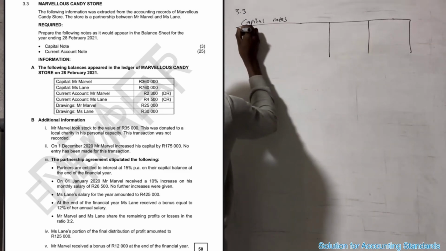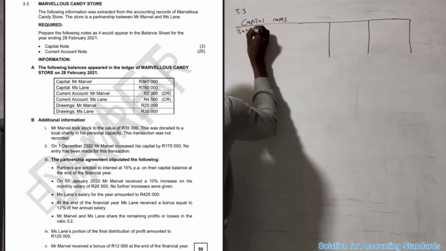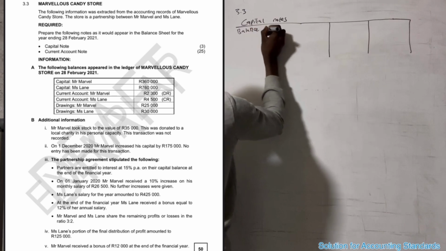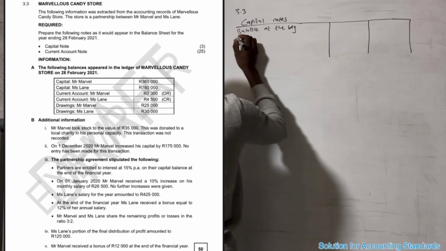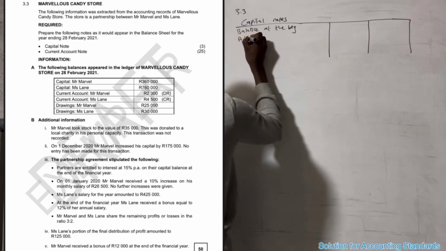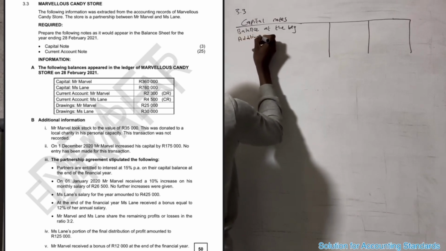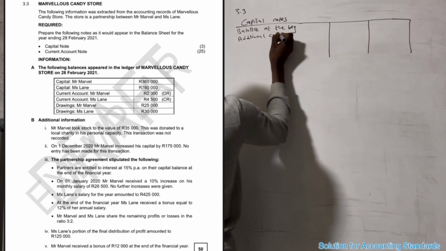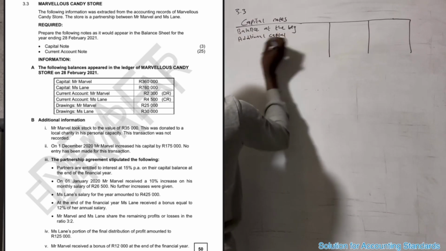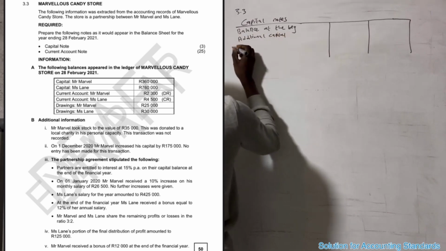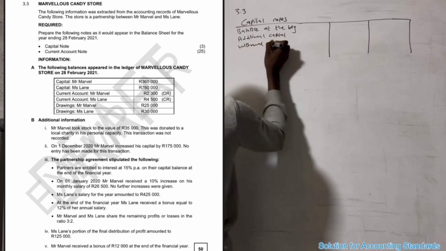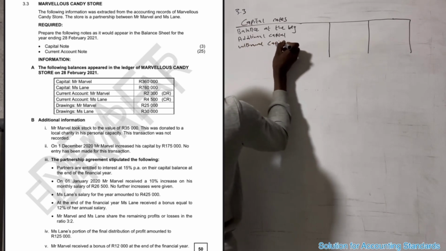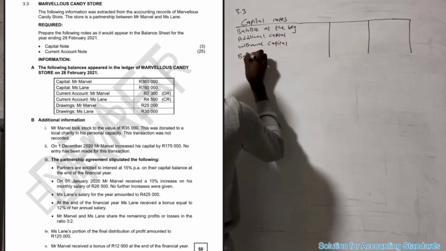Okay, we're going to have a balance at the beginning and additional capital, and the withdrawal capital and balance at the end.